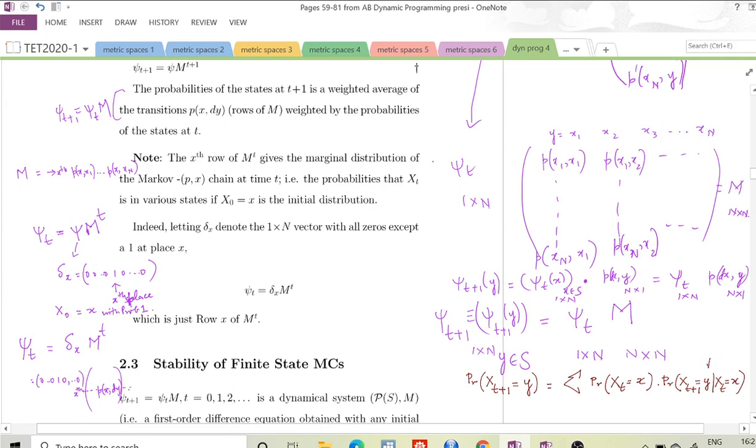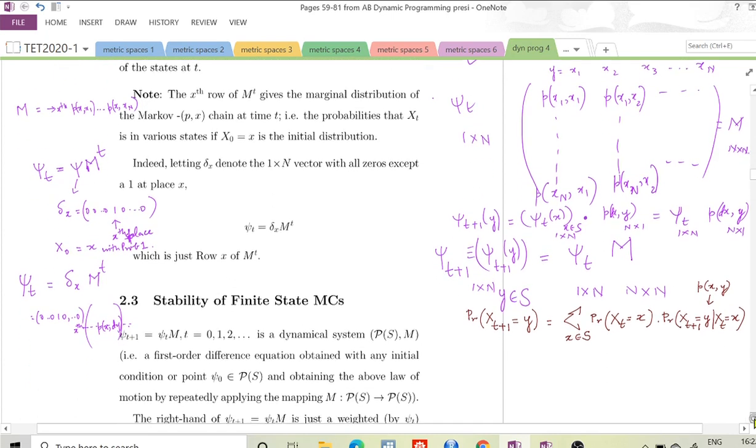And these come out of the stochastic kernel or the transition matrix. These are the p(x,y)'s, right? And I sum across all possibilities for what the state is at time t.